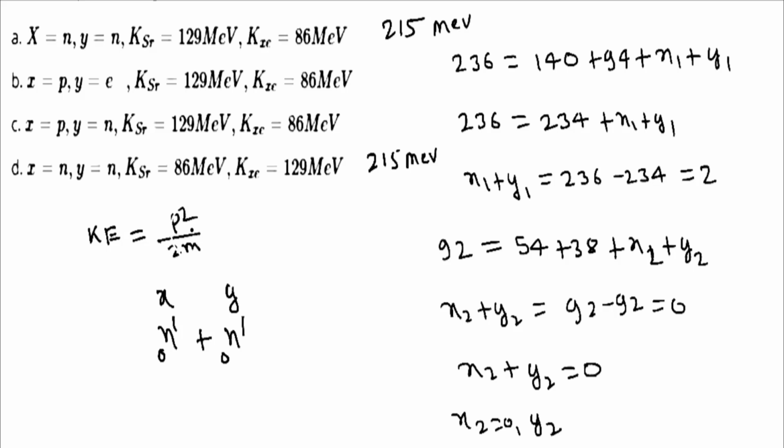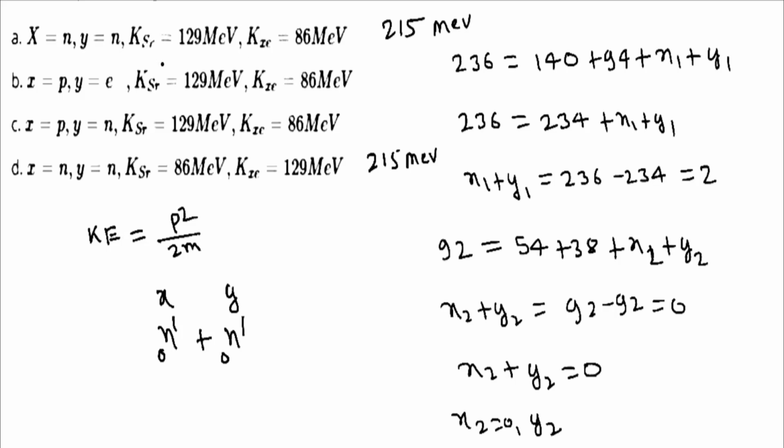This P is momentum. So for a given momentum, kinetic energy is inversely proportional to mass, which means the mass number of Sr is less than the mass number of Xe. It means the kinetic energy of Sr is greater than the kinetic energy of Xe.